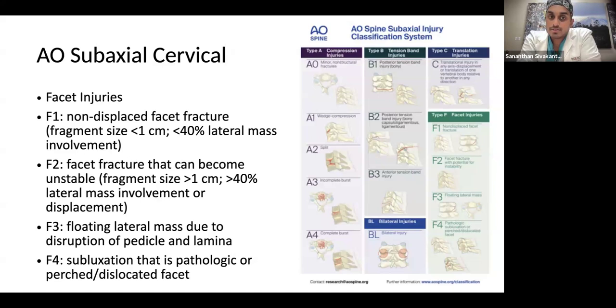Floating lateral mass fractures due to fractures of the pedicle and lamina. And finally, a fracture subluxation or fracture translocation, which can be highly destabilizing and require potentially closed and then open reduction.